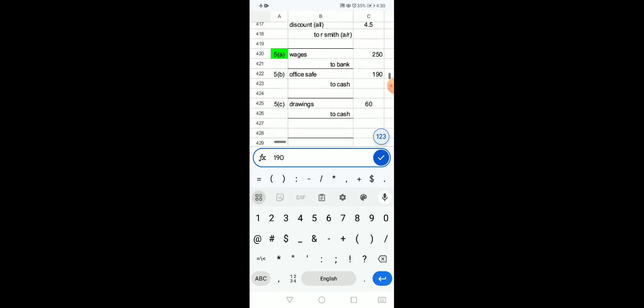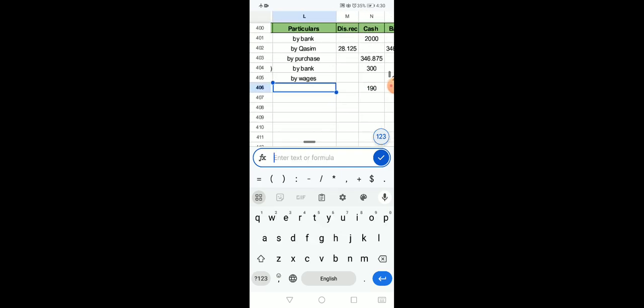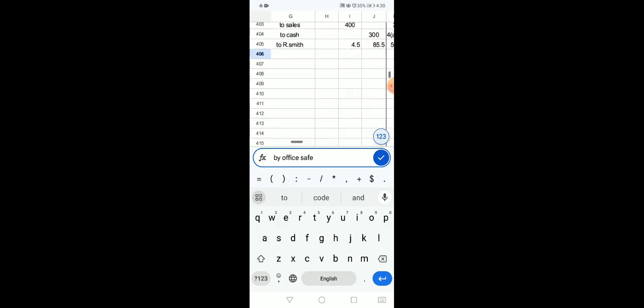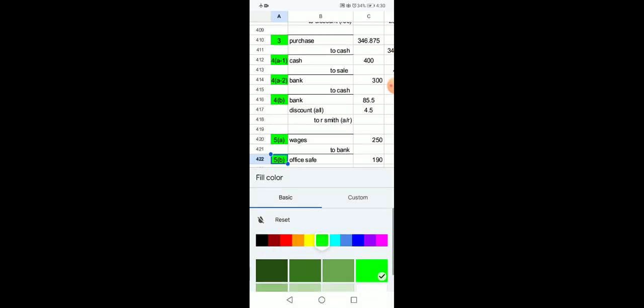What is written on the opposite side of cash? This is office safe. So you will write "by office safe" over here. See its date, which is 5B. So you will put 5B in the date column. 5B was having only one element to be posted, that was cash, and we have posted. It means 5B is completed. Mark it as done.